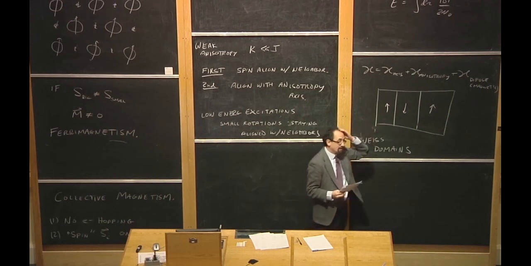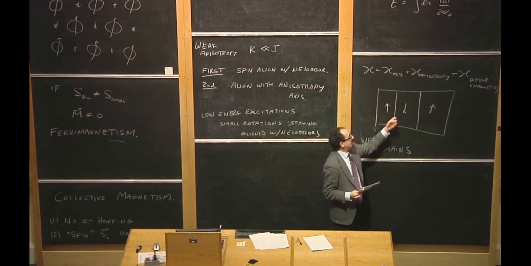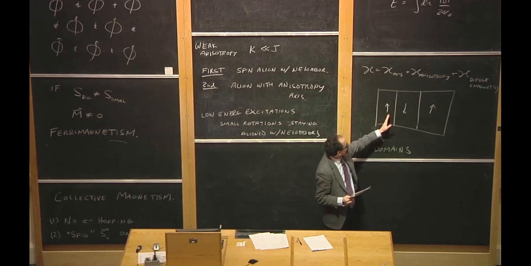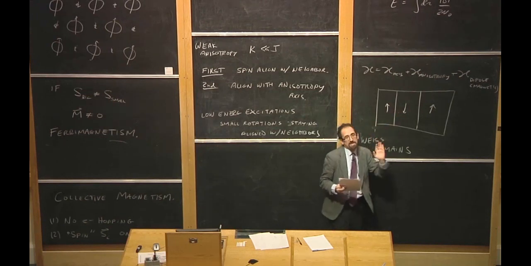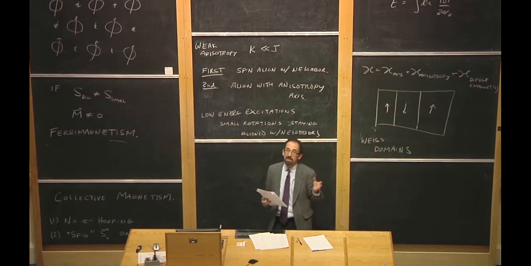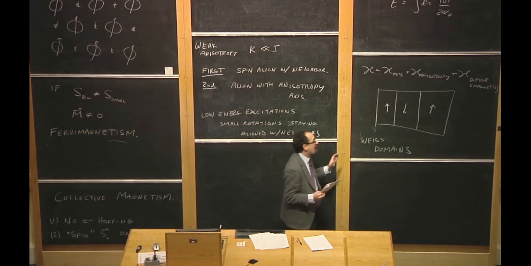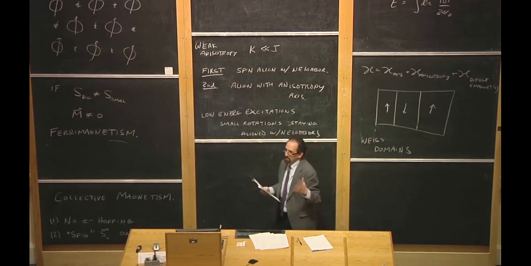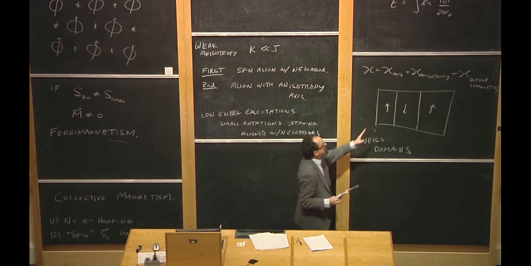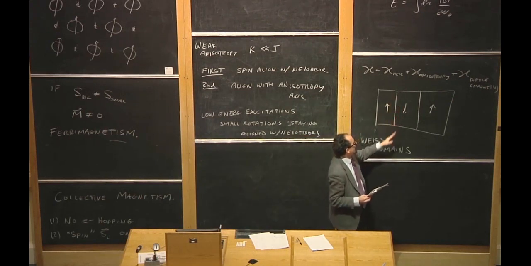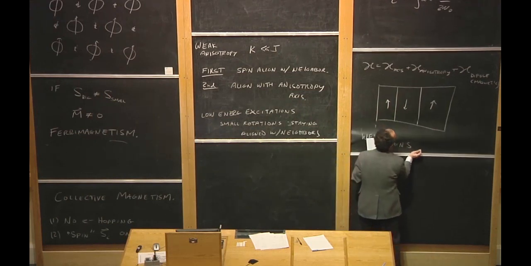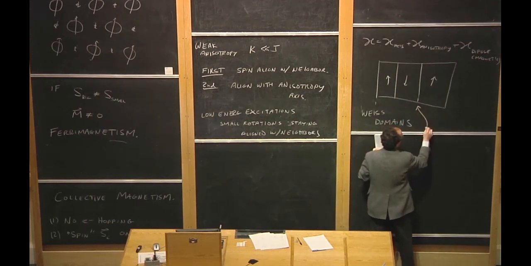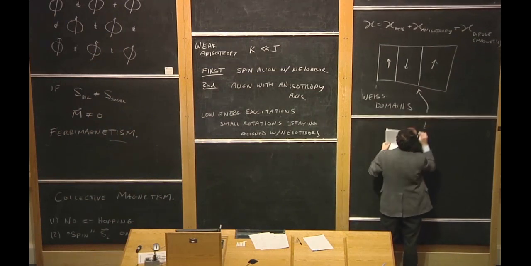Now what's going on here is that at some point in this material, you'll have upspins right next to downspins. That makes the Heisenberg term of the Hamiltonian very unhappy, because it wants upspins next to upspins. So there's some energy cost along that transition, which is known as a domain wall.